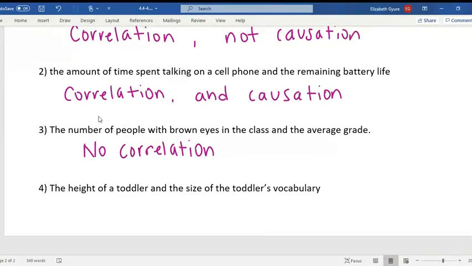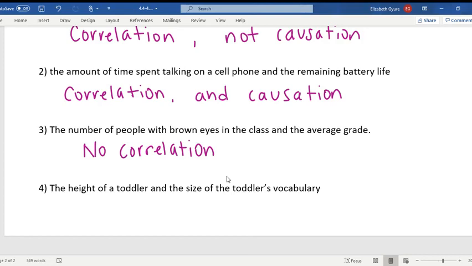And then the last one, this one always throws people a little bit, so we'll talk about this one. The height of a toddler and the size of the toddler's vocabulary. Would you say this has a potential relationship? So think about it: as you get taller, do you possibly get older? As you get older, does your vocabulary possibly increase? Yeah, so I would say there could be a relationship there.